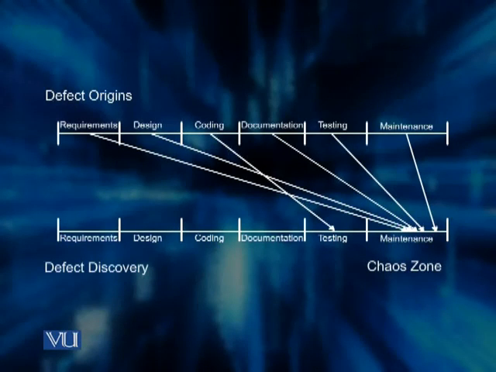We have coding defects which are uncovered in testing. We have documentation errors which are being detected while we are in the maintenance phase. The errors introduced in the testing phase are also found in the maintenance phase. And the errors we introduce in the maintenance phase are also found in the maintenance phase.